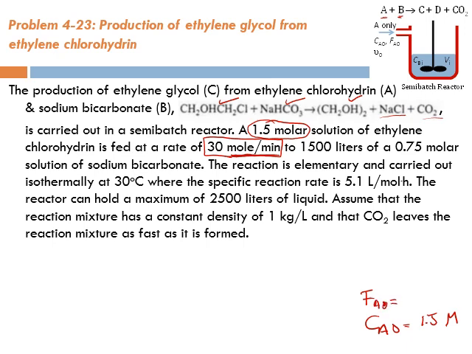So it's fed at a rate of 30 mole per minute to 1,500 liters. So you're adding A to 1,500 liter of your liquid inside your reactor. So this must be Vi, the initial volume.